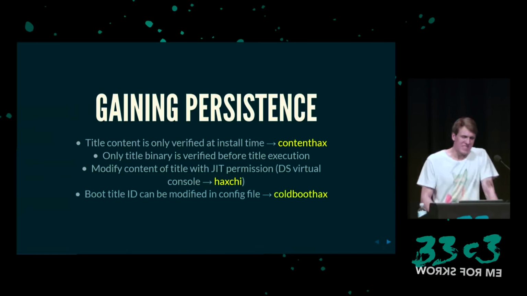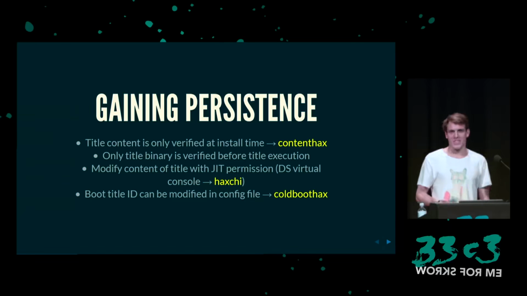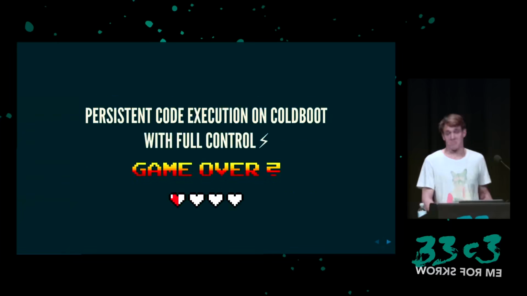And another thing is the console contains this config file, which tells it into which title to boot. So what you can do is you overwrite the title ID with your modified DS emulator title, and the next time you start up the console, it actually boots into the exploited game. And yeah, so this gives us persistent code execution on cold boot with full control over the console whatsoever. So game over.